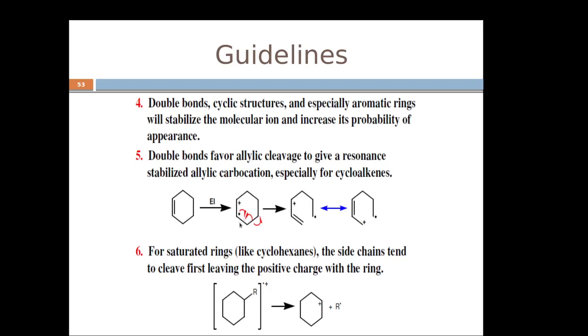This system will undergo homolytic cleavage at the allylic bond here. This electron will come here and this bond will be broken, so that the electron shifts in this direction, forming a double bond here, and this electron will move to this carbon to form a radical. So you will get an allylic type radical cation.